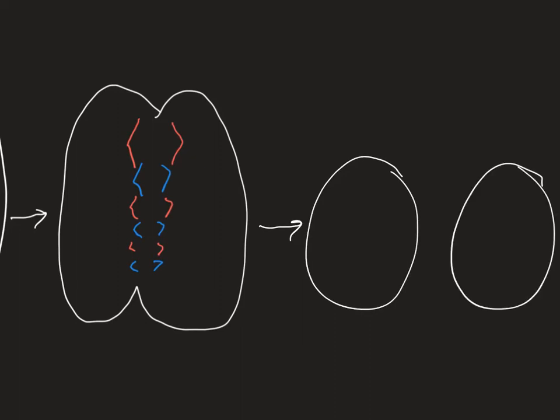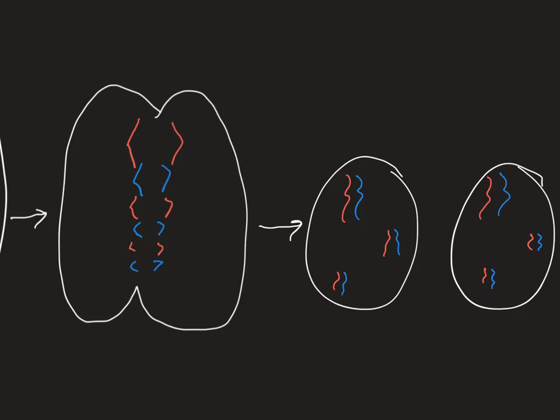In the end, we end up with 2 cells that each have a version of chromosome type 1, 2, and 3 from mom, from the mother of this organism. And this organism also got a version of chromosome type 1, 2, and 3 from its father.